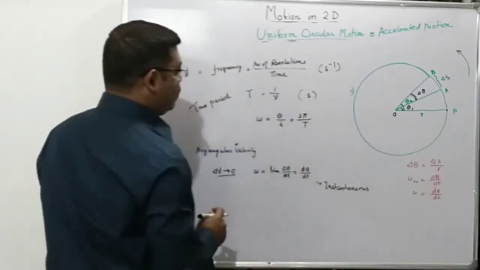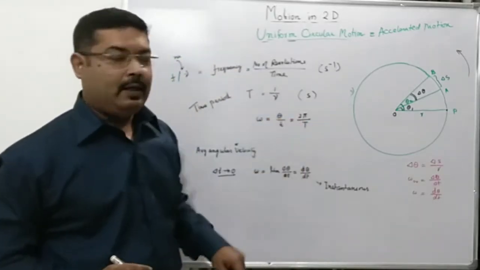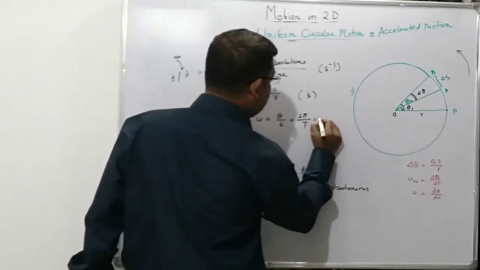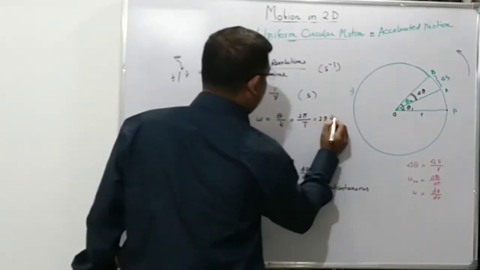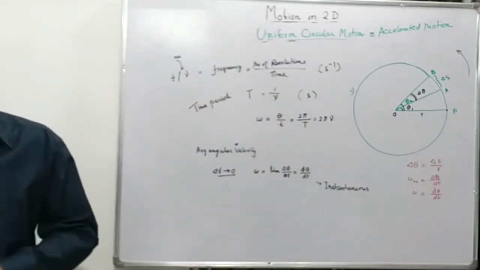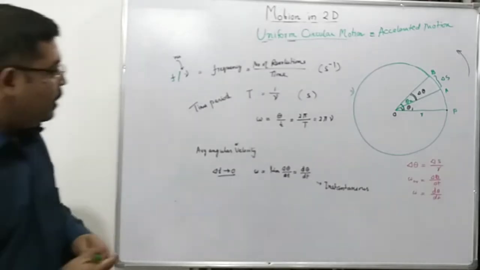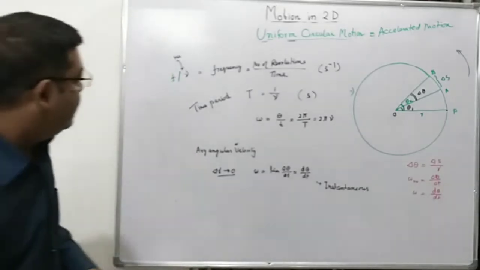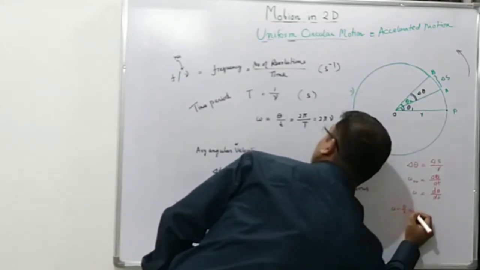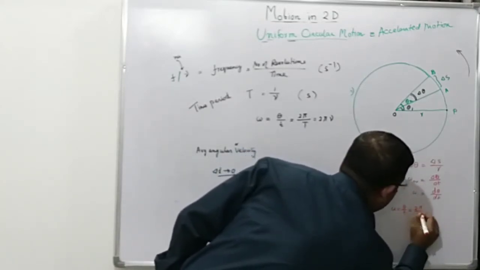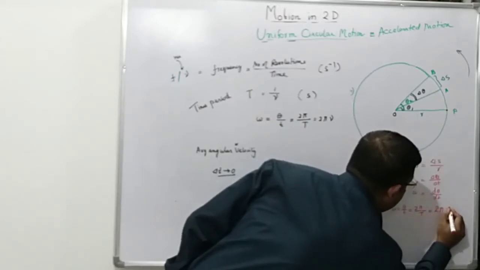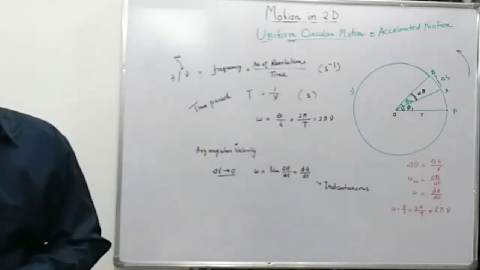So omega can be given by 2 pi by T. But T is equal to 1 by nu, so we can also write this as 2 pi nu, or in terms of alternate notation, 2 pi f. So this becomes a very important equation: omega is equal to theta by t is equal to 2 pi by capital T, that is time period, which is equal to 2 pi into nu, where nu is the frequency.